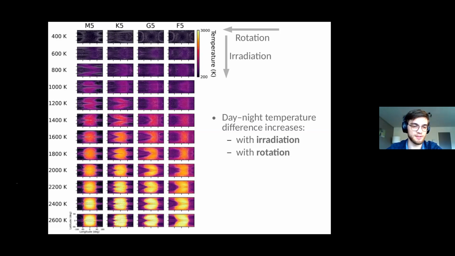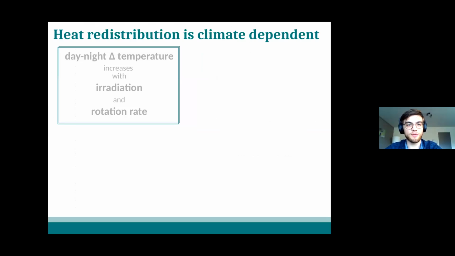And also with rotation, this is easiest seen somewhere around 1800 Kelvin here, where for slow rotating planets you have quite some heat advection and not such big contrasts. Whereas if you have a very fast rotating planet, then your day side and your night side will have very different colors, resulting in asymmetry, of course. So the heat redistribution is apparently climate dependent. The day-night side temperature difference increases with irradiation and rotation rate.